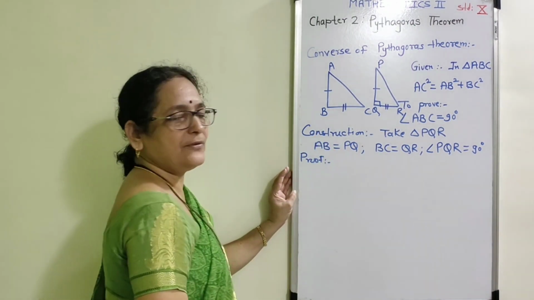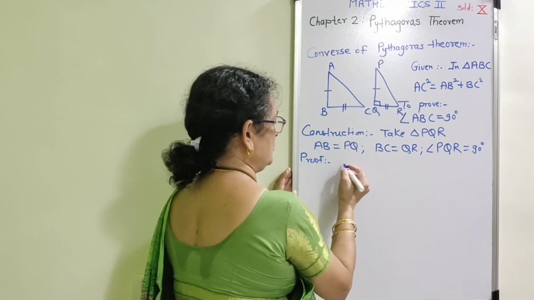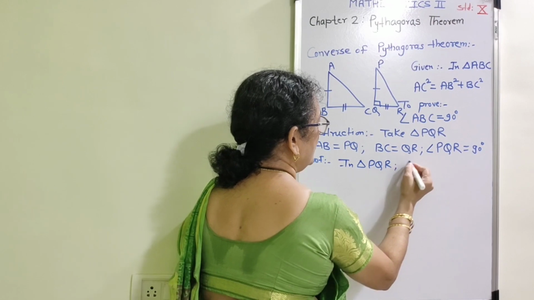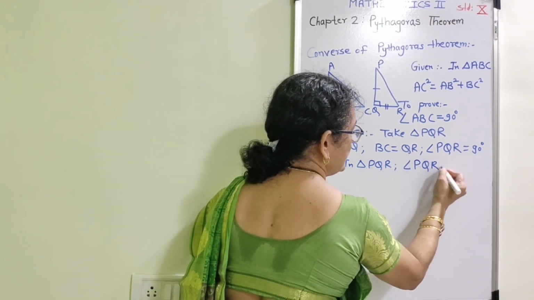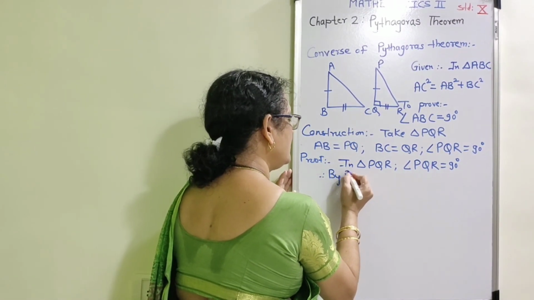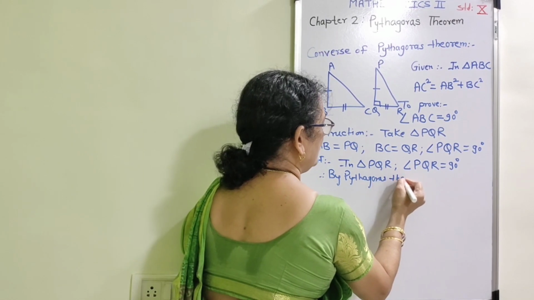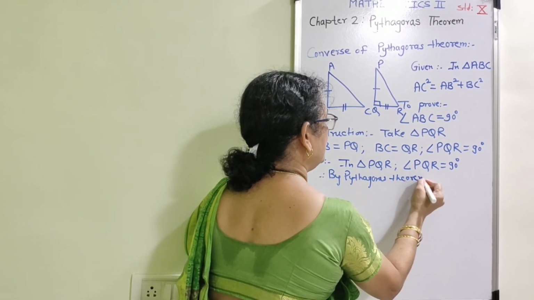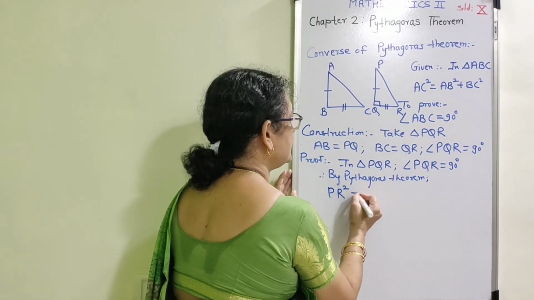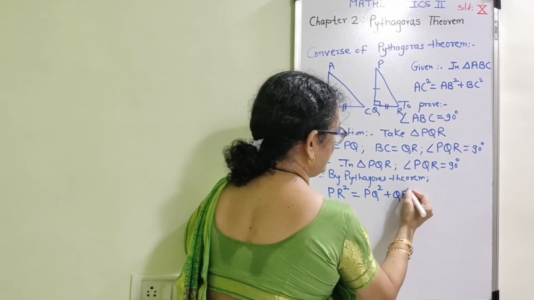I am going to apply first of all Pythagoras theorem for the second triangle PQR. In triangle PQR, angle PQR is equal to 90 degree. Therefore, by Pythagoras theorem, PR square is equal to PQ square plus QR square.